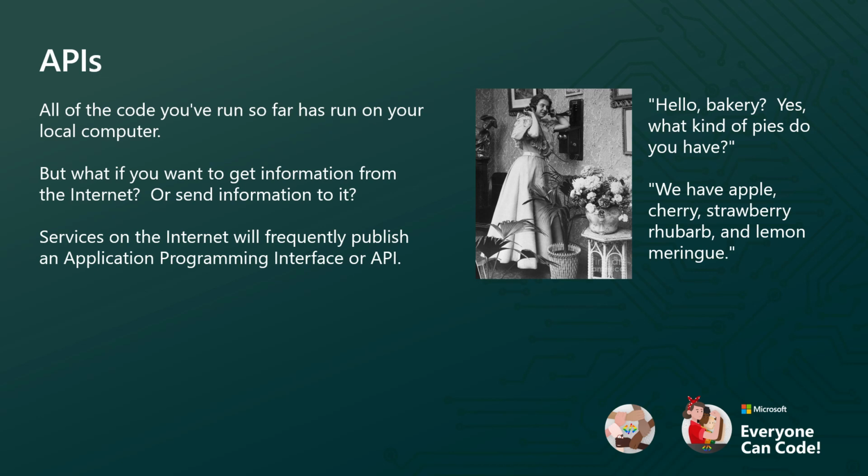And you can call those APIs over the internet to either send your information to a server or to get information from it. So once again, extending our analogy even further, let's imagine we call up the bakery and say, what kind of pies do you have? They give us a list of pies. We have called their API, and their API returned a list of pies.